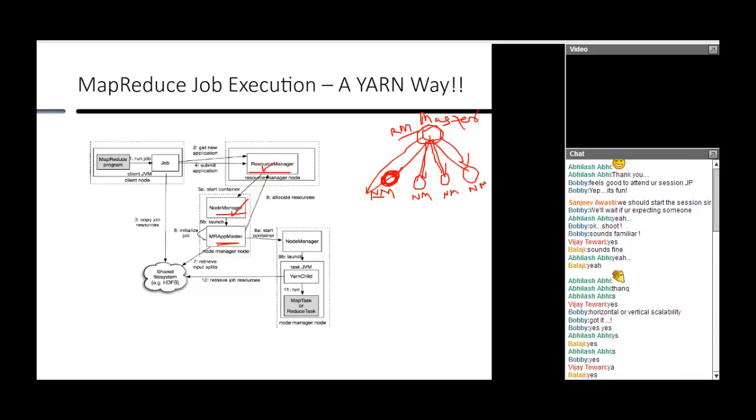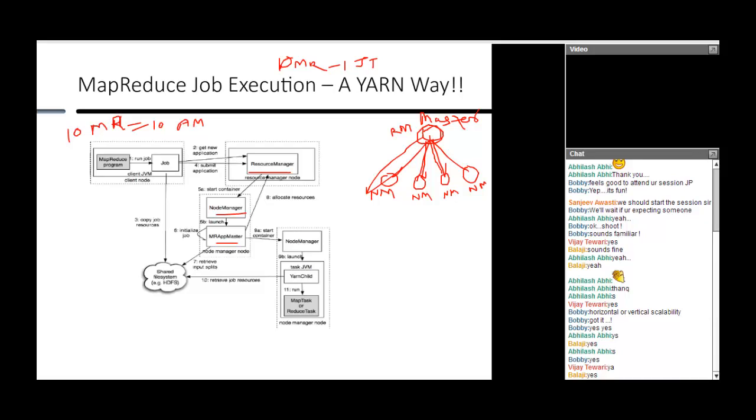Now, application master is nothing but this: if there are 10 MapReduce programs, there will be 10 application masters running. Earlier, as I explained, if there were 10 MapReduce programs, all of them were handled by one job tracker.